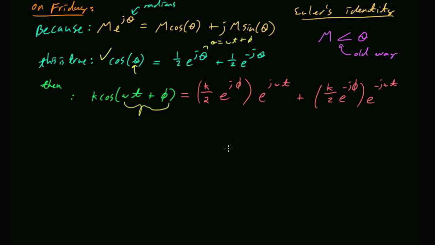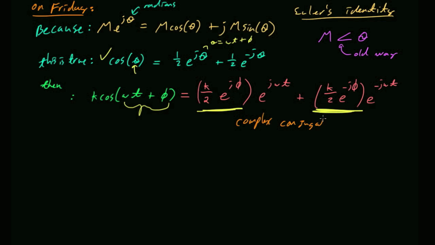All right, and the last thing I did in class on Friday is I said, look at this. I noted that if you compare this number and this number, they have an important relationship. They're complex conjugates. They have the same magnitude but opposite phases.